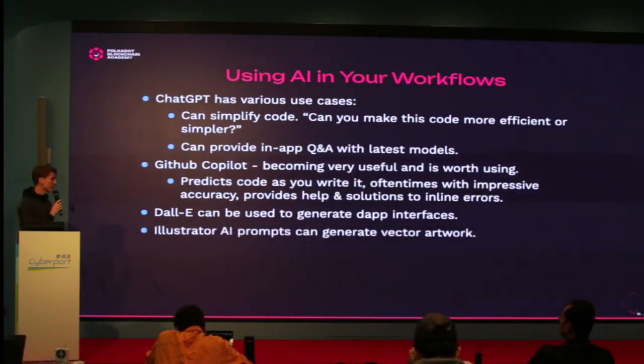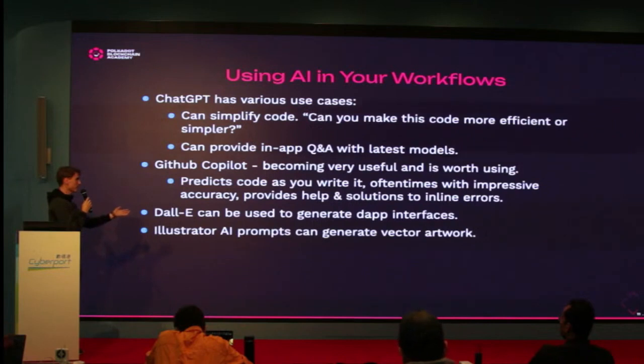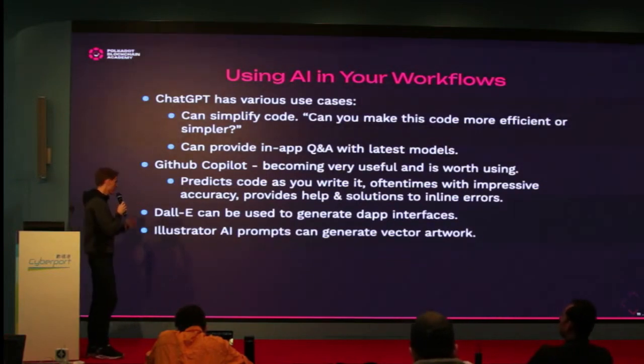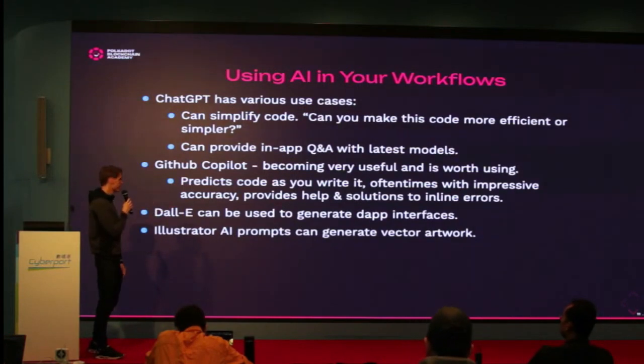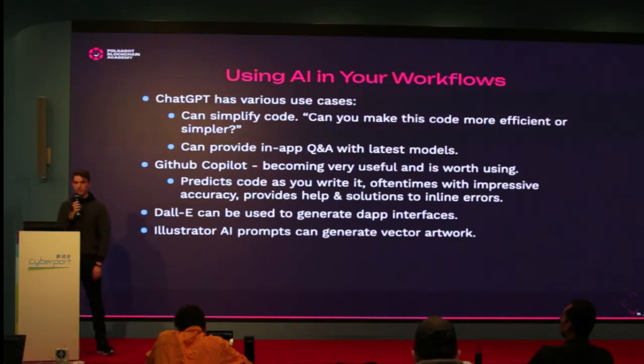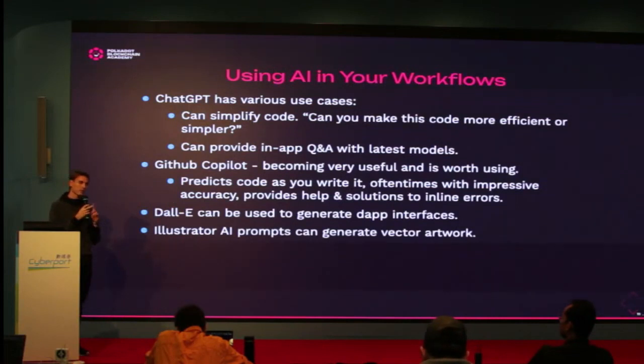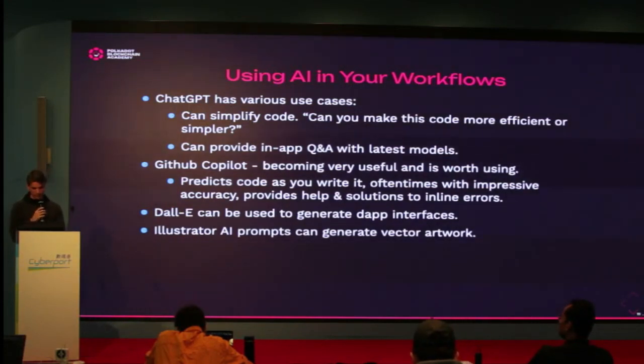And Illustrator now provides an AI prompt service to generate artwork. I can just type in what I would like to see, and it will generate it in SVG format. Pretty useful. I think it can generate scenes, icons, subjects, and patterns as well. So that might be useful.